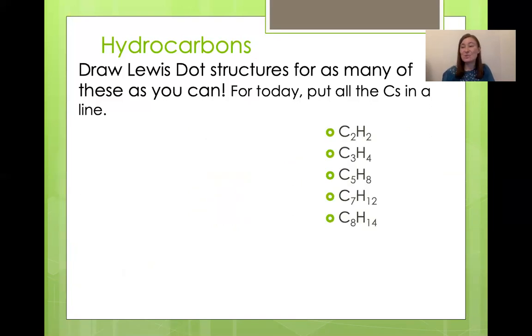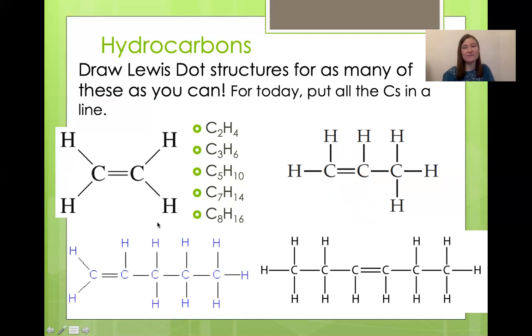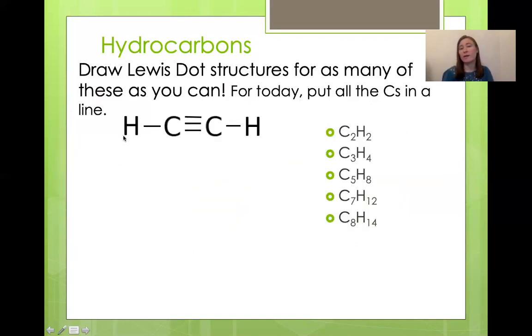So C2H2, right? Here's C2H4. If we get rid of 2 of these hydrogens, in order for carbon to make 4 bonds, well, it's making 1 bond to a hydrogen, so it's got to be making 3 bonds to the other carbon. And so the structure is going to look like this. That's the only way for carbon to make 4 bonds, which is the only way for it to follow the octet rule and be stable.